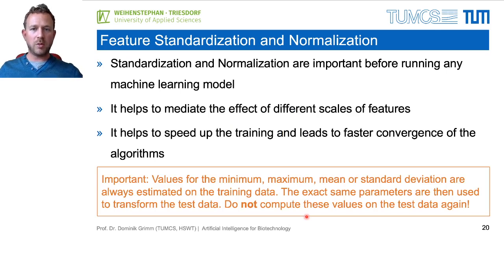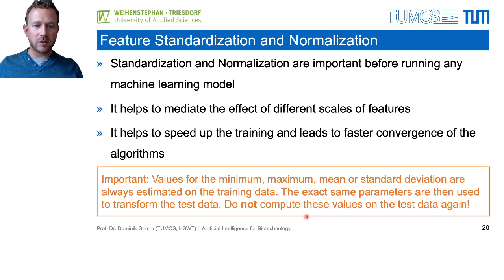So standardization and normalization are important and have to be done before running any machine learning model, or it's always wise to do it. And these standardizations help to mitigate the effect of different scales of our features. And it also helps to speed up the training because our algorithms converge much faster. So if you apply some of these techniques to the examples that we have learned in the lectures before, you see that the training is much faster and you don't have to wait so long for the results when you do the exercises, when you standardize your data before.